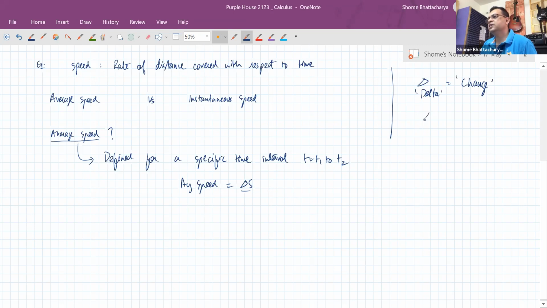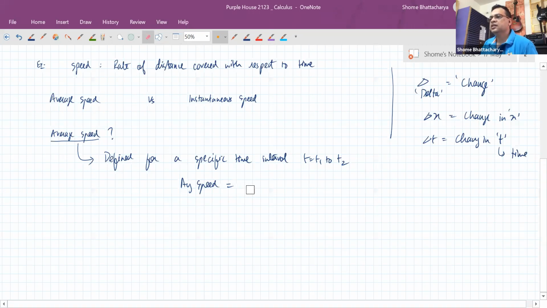For example, delta X means change in X, whatever the quantity X is. So delta T is change in T, and typically T stands for time. Here S is the distance, so delta S is the change in the distance traveled during a specific interval of time delta T. So we can say it is S2 minus S1 divided by T2 minus T1.